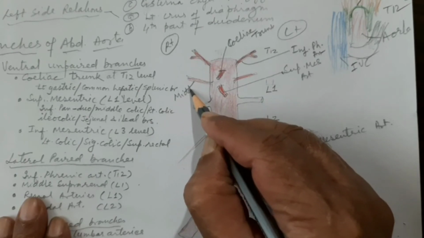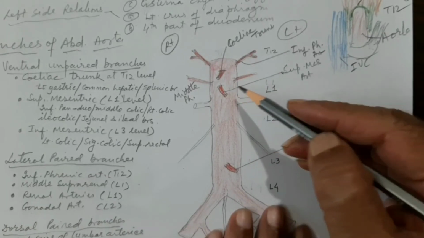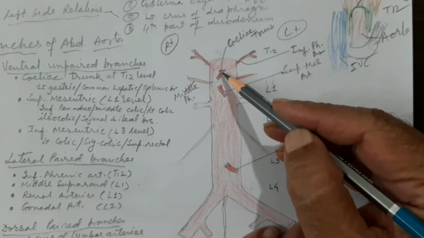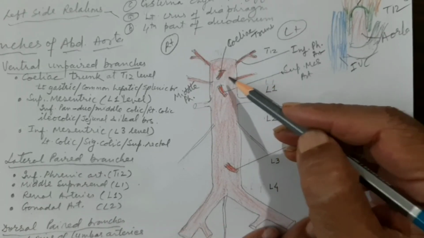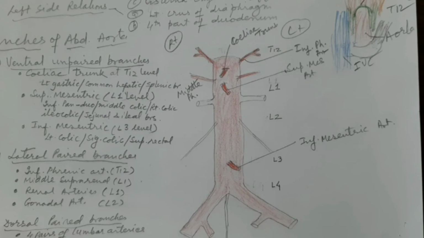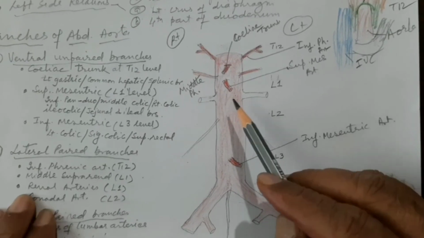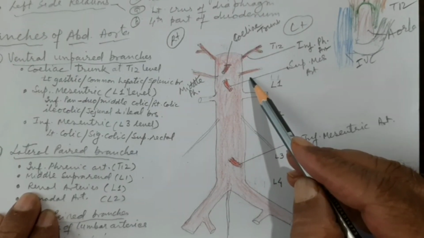I will just write middle phrenic branches, right and left, and this comes out inferior to the opening of the celiac trunk at the level of L1 vertebra, lumbar 1 vertebra, and this is the middle suprarenal.